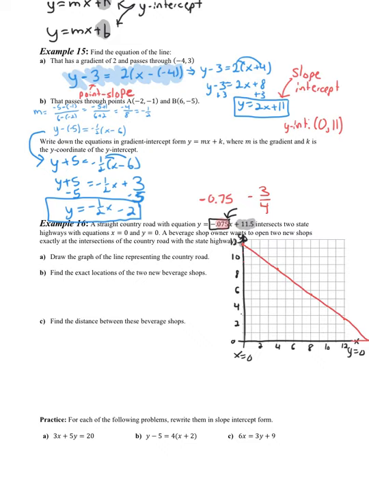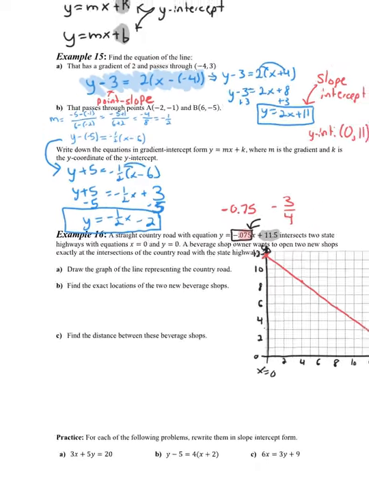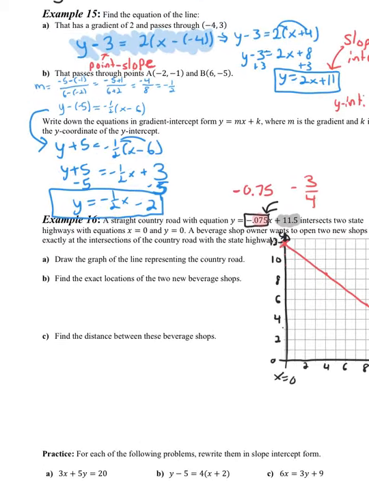Now it says find the exact location of the two beverage shops. So we know we're opening the two beverage shops. One of them is going to be the intersection of the country road and x equals 0. The other is going to be the intersection of the country road and y equals 0. So for the first one, you would say when x equals 0, y equals negative 0.75 times 0 plus 11.5.